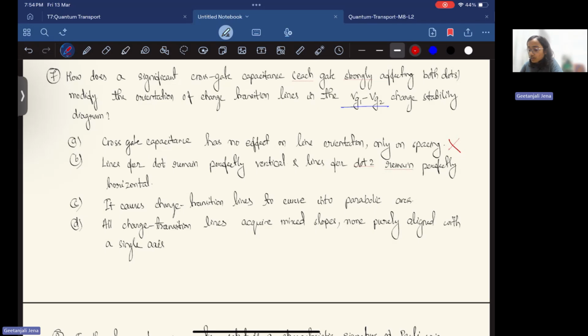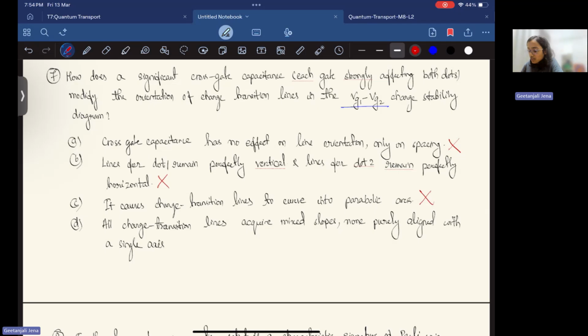Option B, lines for dot 1 remain perfectly vertical. Lines for dot 2 remain perfectly horizontal, which is also not true. Option C, it causes charge transition lines to curve into parabolic ones, which is also not true.